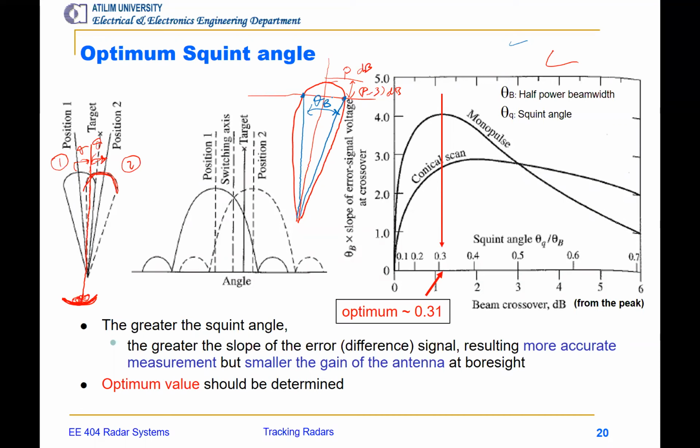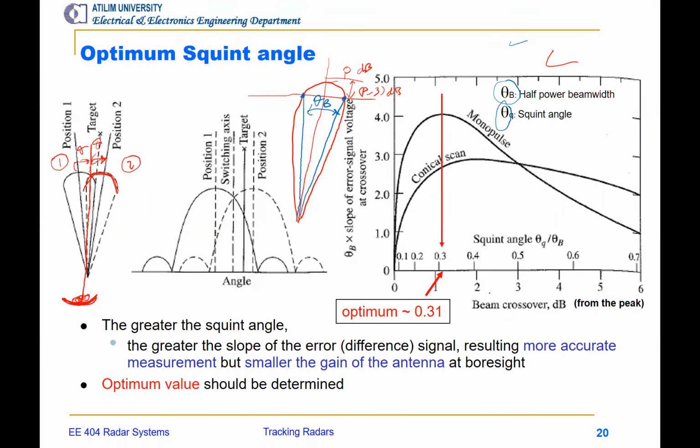Usually these are pencil beam antennas that are used in tracking radars, so narrow beam antennas. Now the squint angle here, theta q, is normalized by this beamwidth of the antenna.